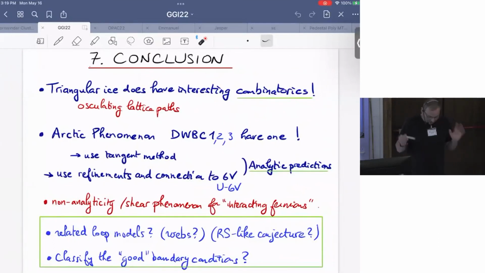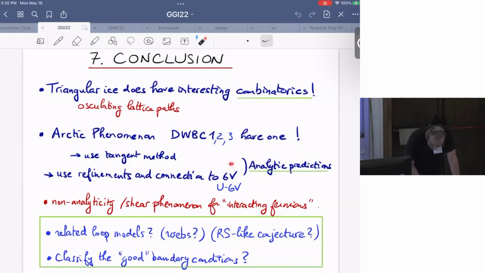I hope I convinced you that we have interesting combinatorics hidden in there. There's this Arctic phenomenon. So all these cases have one, okay? And using this tangent method, which for those cases is still not rigorous, right? Because Amol hasn't done the job yet, but I have hopes.